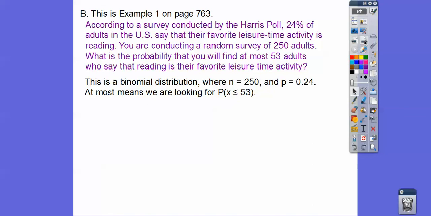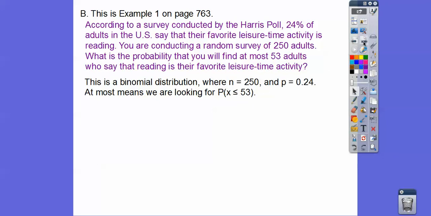So this is a binomial distribution where n is 250 and p is 24%. At most means we're looking for less than or equal to 53, so I'm at 53 or under. We're looking for the probability that x is less than or equal to 53.